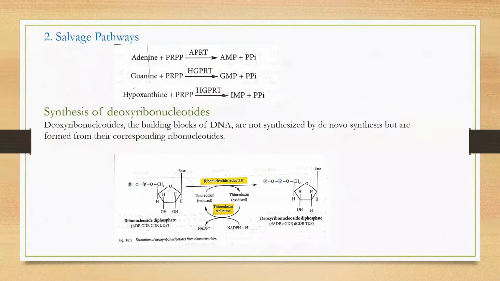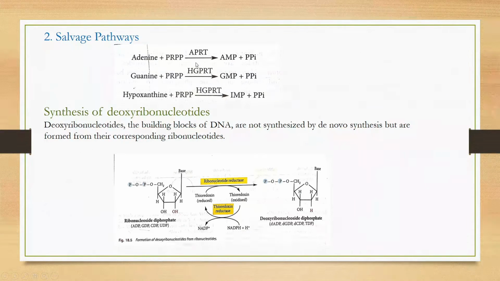The enzyme APRT, adenine phosphoribosyl transferase, catalyzes the formation of AMP from adenine, using PRPP, the donor of the ribose 5-phosphate.